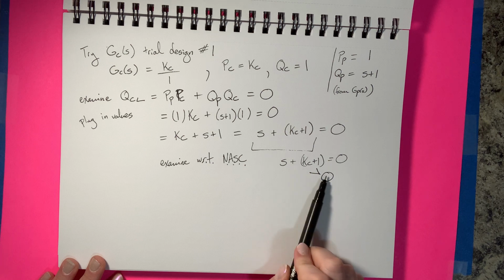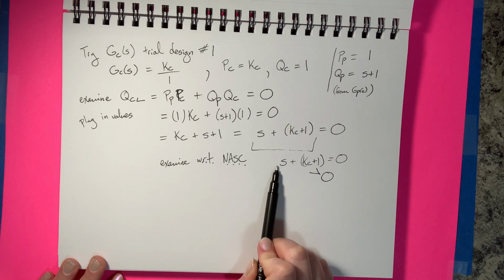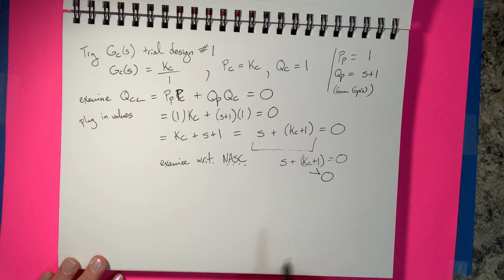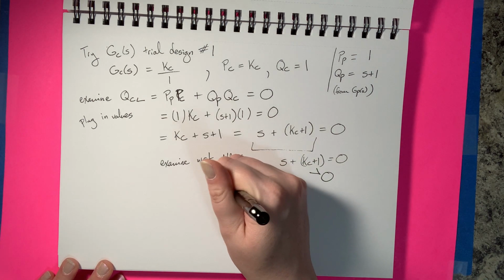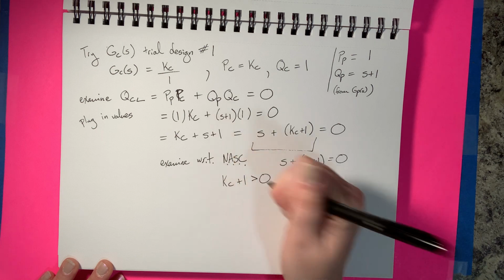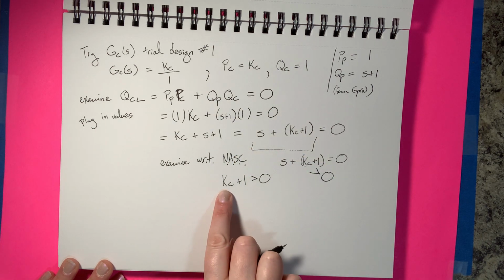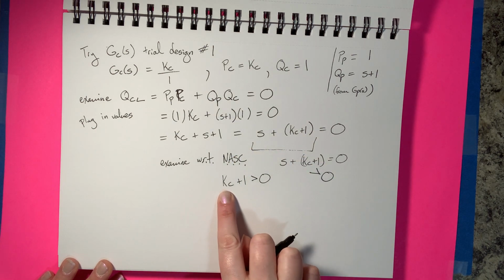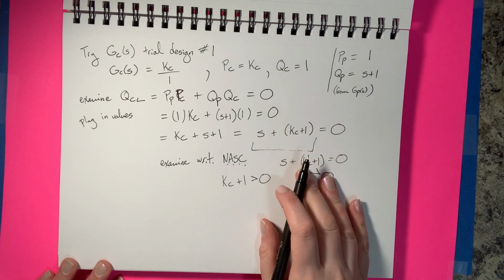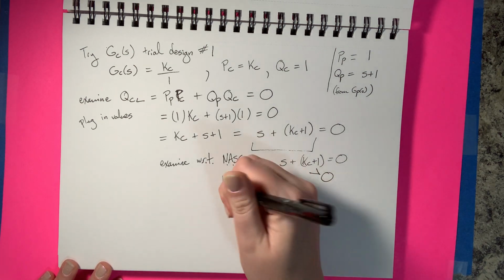And we know that we have to adhere to that because we have a monic equation, positive 1 right here in front of the S. So as long as KC plus 1 is greater than 0, we're good. So that means I can choose any KC that is positive and it'd be fine. So that's quite a wide range.